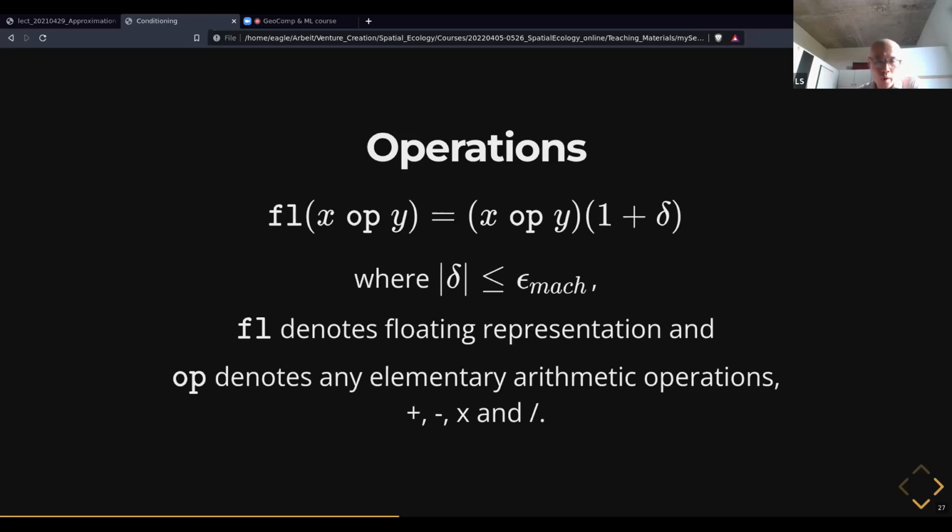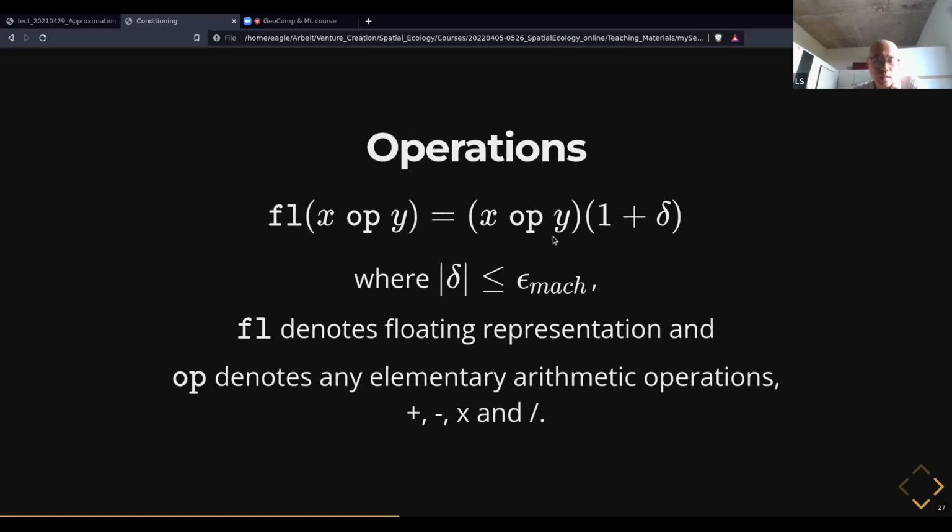I hope by this point you feel comfortable: when I write X and Y, it's just X and Y in their mathematical sense. But if I put FL, that means these numbers are represented in the computer system. And OP is an operation, whatever you want to plug in here: multiplication, minus, plus, whatever.